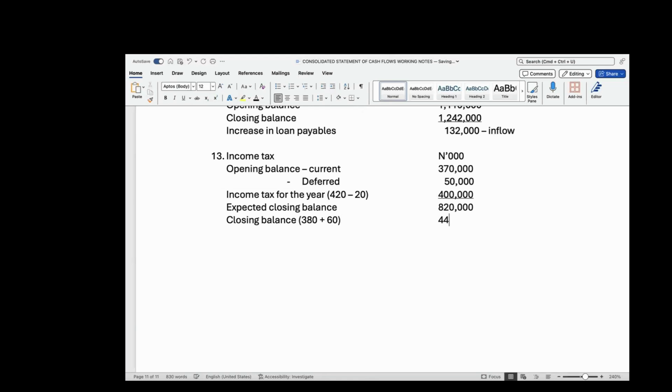How much is this? 440. So it has decreased, meaning we have paid some of our taxes. Expected closing 820, but the closing was 440. So we have paid. How much did we pay? 380. It will be an outflow.